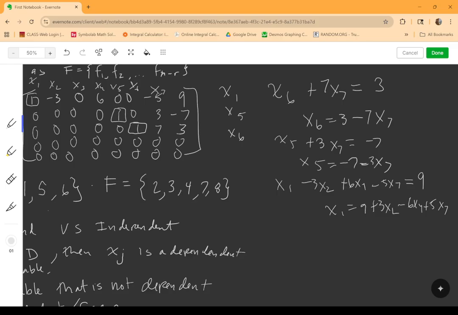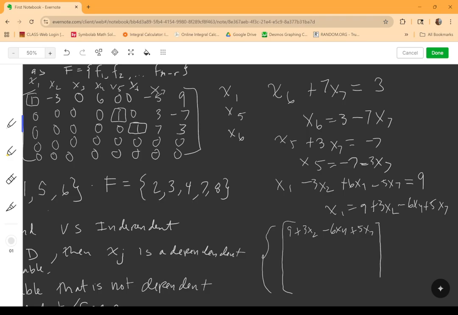All right, now in terms of the solution set, we write this using curly braces and we use a column vector. And we plug in here for X1, we got 9 plus 3X2 minus 6X4 plus 5X7.